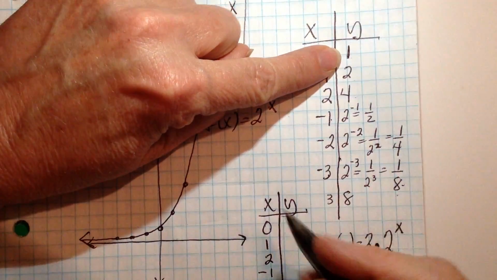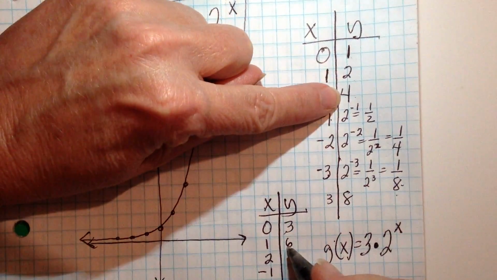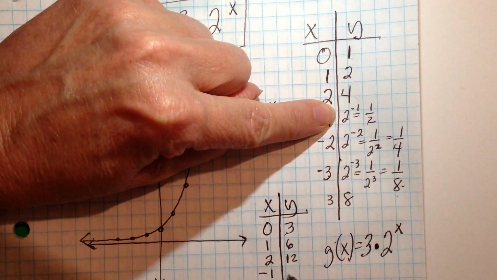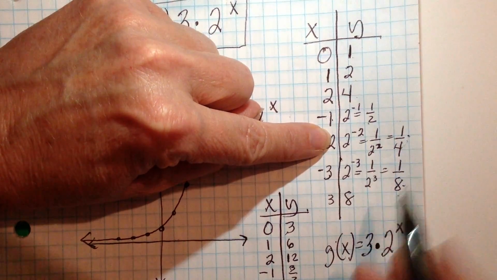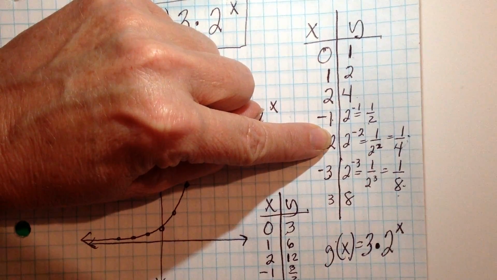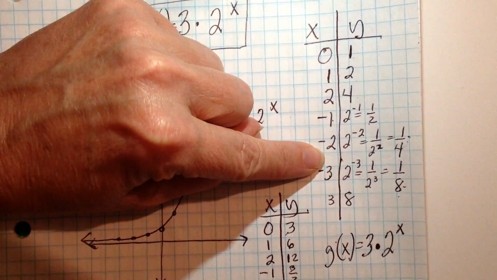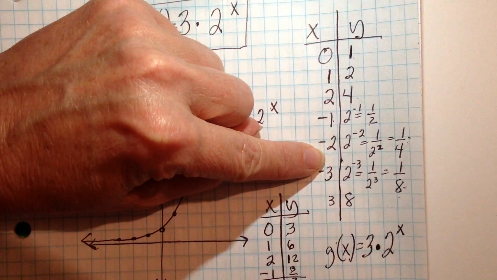What is 1 times 3? 3. What's 2 times 3? 6. 4 times 3? 12. 1/2 times 3? 3 halves. 1/4 times 3, just multiplying straight across, would be 3/4. 1/8 times 3 would be 3/8.